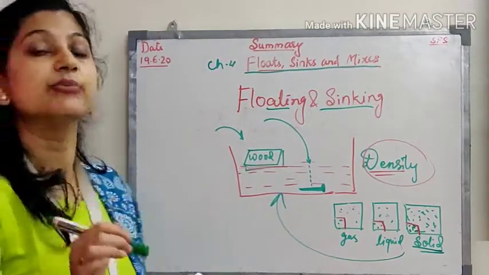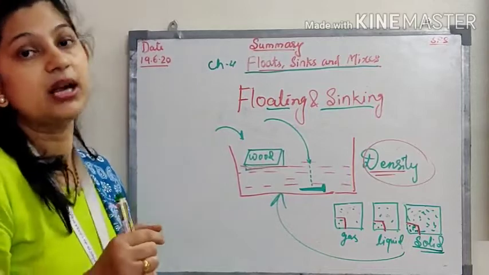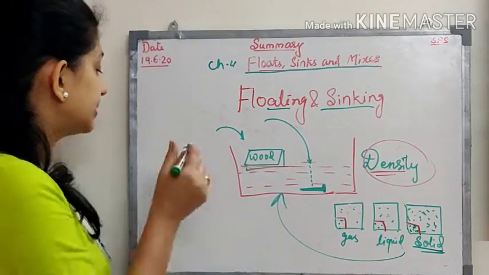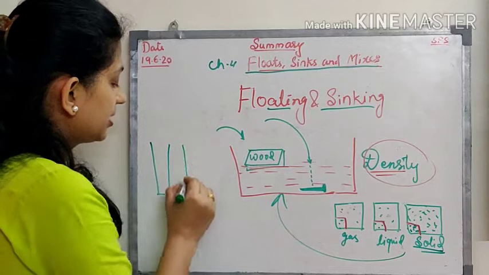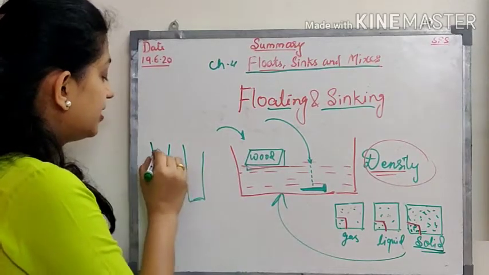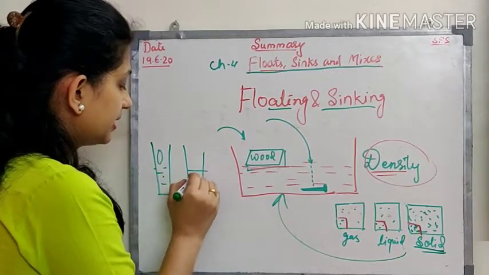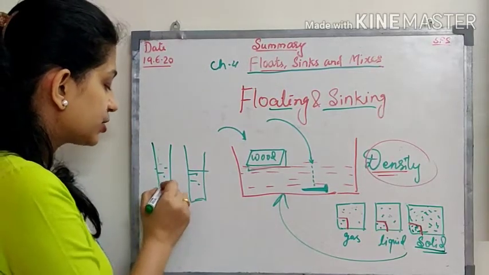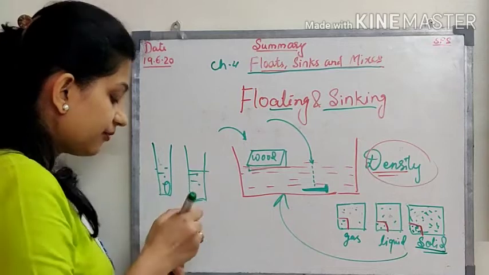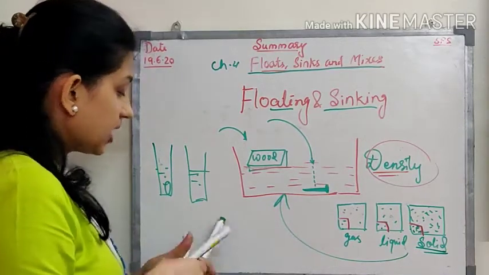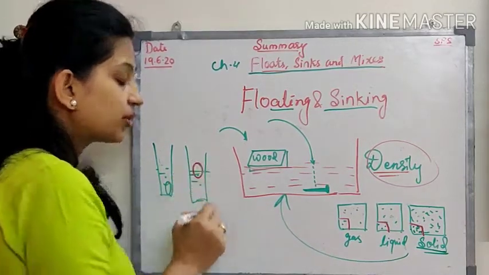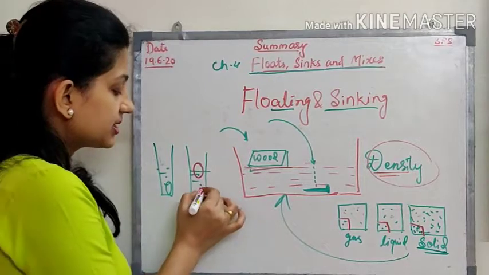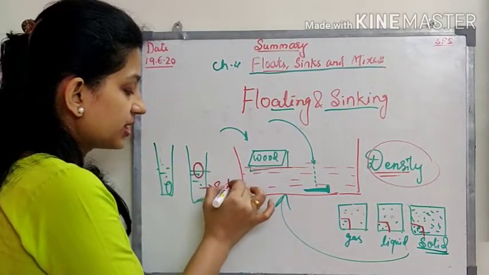And various examples we have already discussed, students. I hope you remember the example of an egg in water. If normal water is there and you add an egg, it is going to settle down. And if you take too much salt and add it there, it is salt water, highly concentrated salt water.